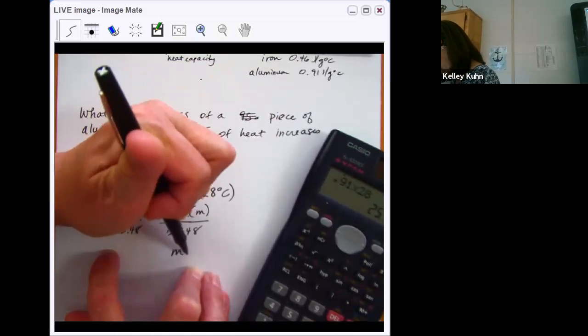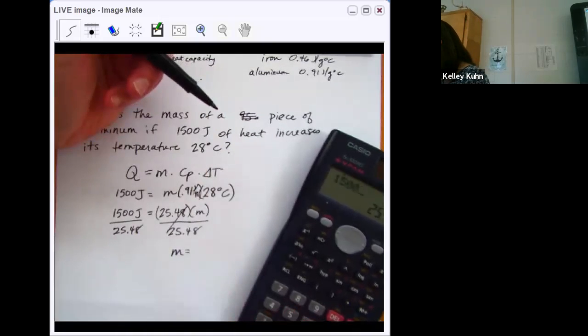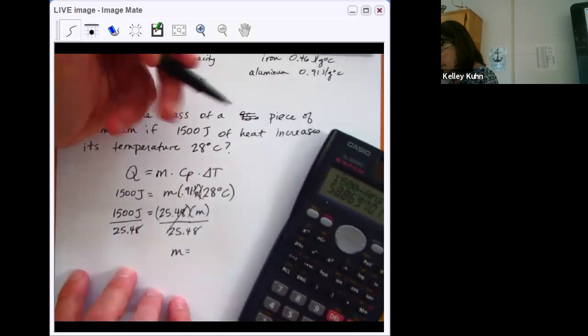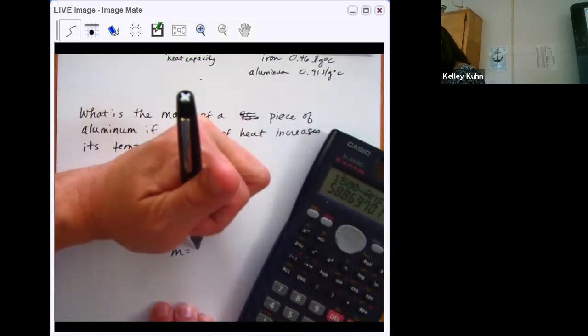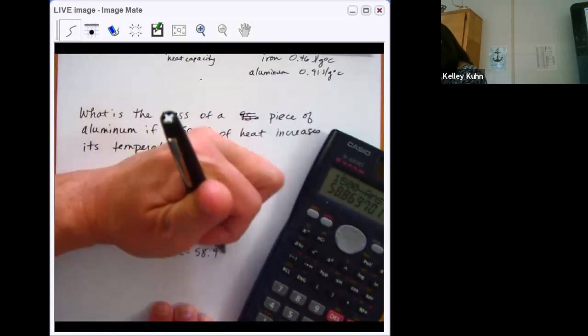So that when I do the math, 1,500 divided by the 25.48 gives me a mass of 58.9 grams.